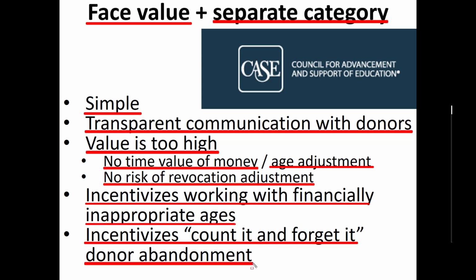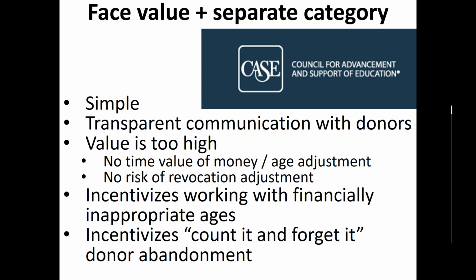If you are rewarding your fundraisers based upon this strategy, you are telling them you should engage in essentially serial donor abandonment. Why is that? Because once you have counted it, you can get no more credit forever connecting with that donor again.